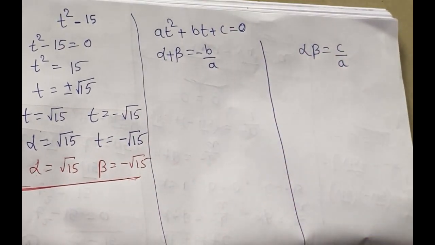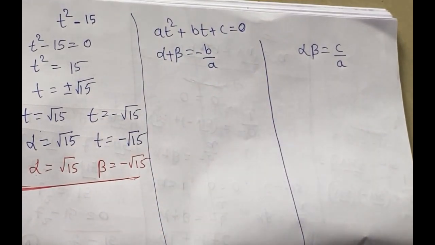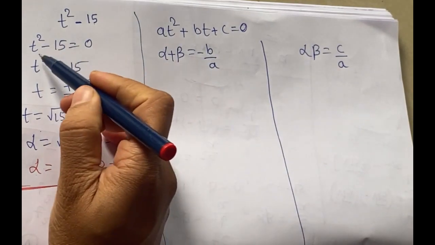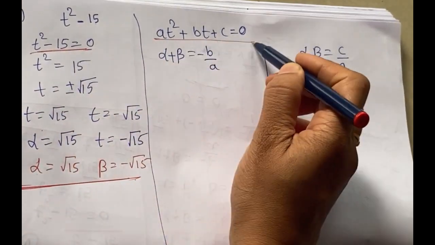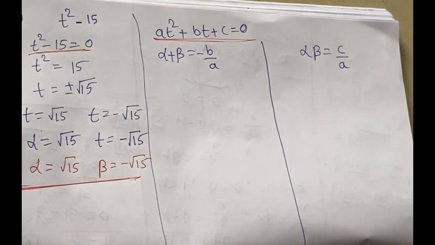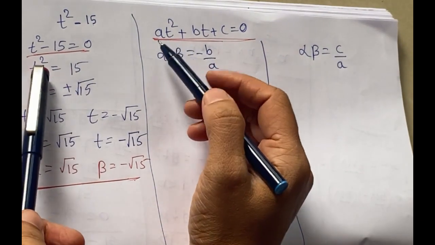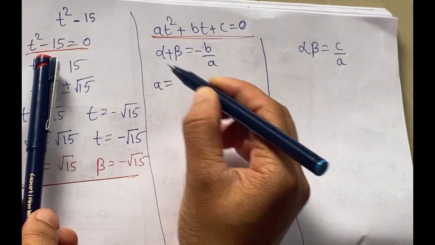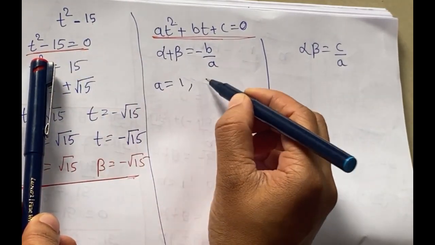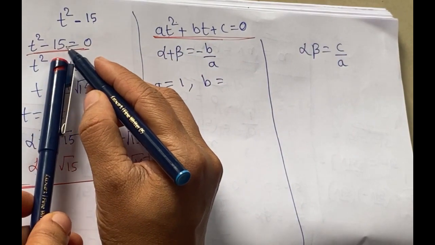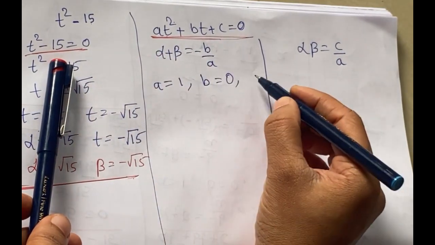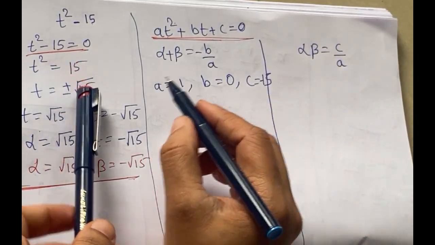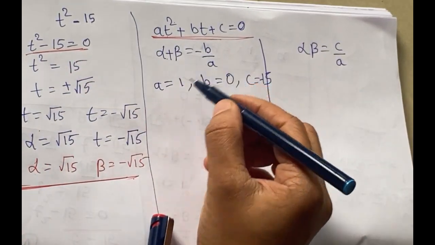Let me explain the first one. Alpha plus beta is equal to minus b by a. When you compare this with the equation, at square plus bt plus c is equal to 0, you can write the coefficient of t square, a, as 1, and b is equal to, there is no t term here, so b is 0, c is minus 15, and then verify this relation.